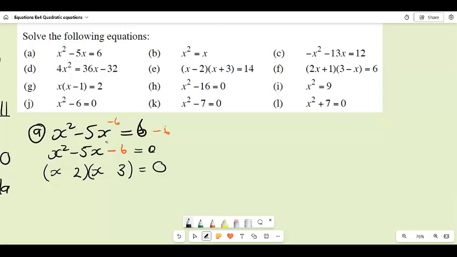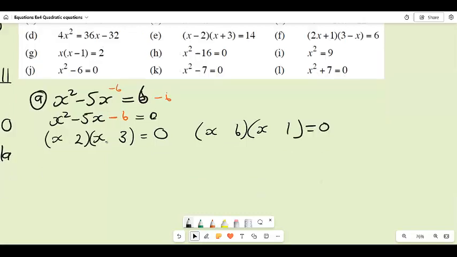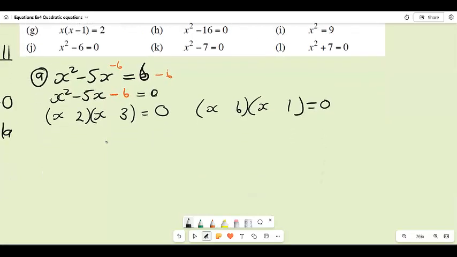If I did 2 and 3, my other option would be x and 6, x and 1 equals 0. Now I'm just thinking out loud here. Let's solve both of them. I want negative 6 and negative 5. So minus 3 minus 2 gives me minus 5, but that ends up giving me positive 6.